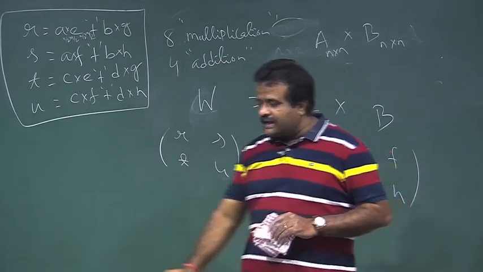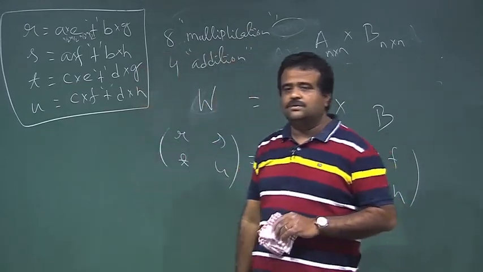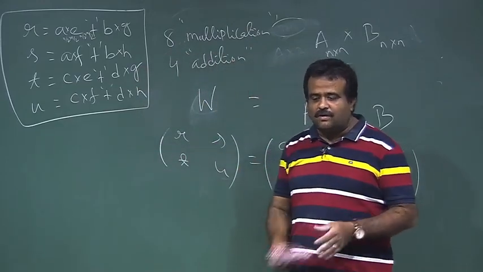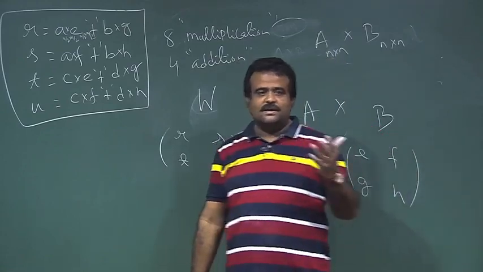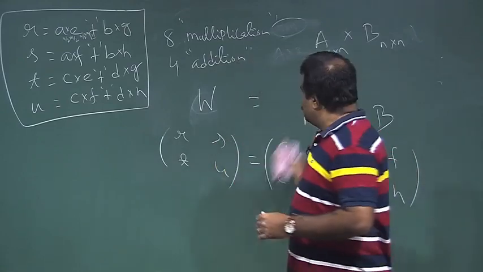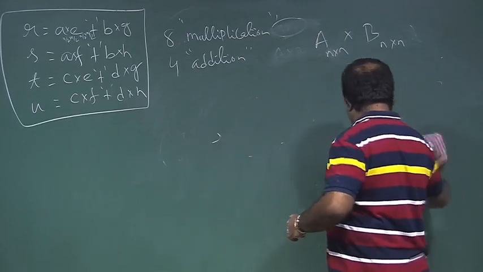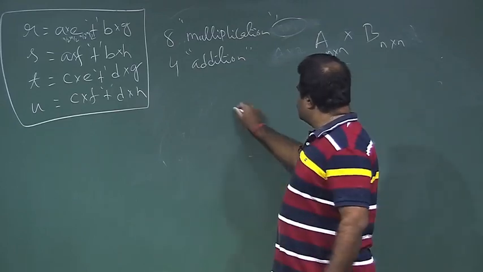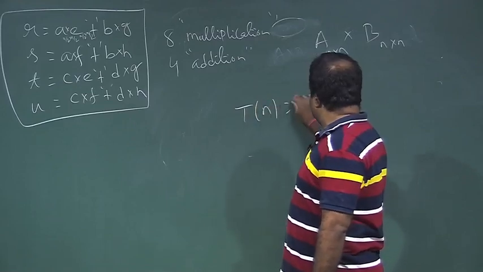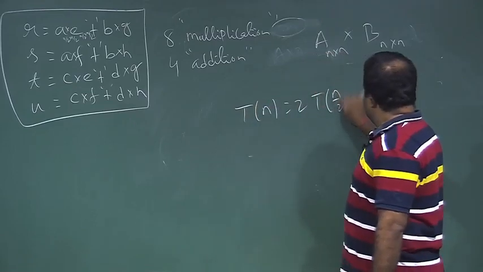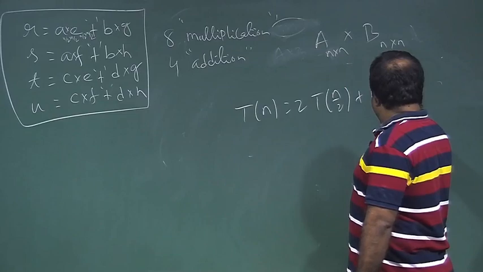Now, what is the recurrence we have? Every divide and conquer technique has a recurrence. If you remember, for merge sort we have the recurrence T(n) equal to 2T(n/2) plus theta of n.